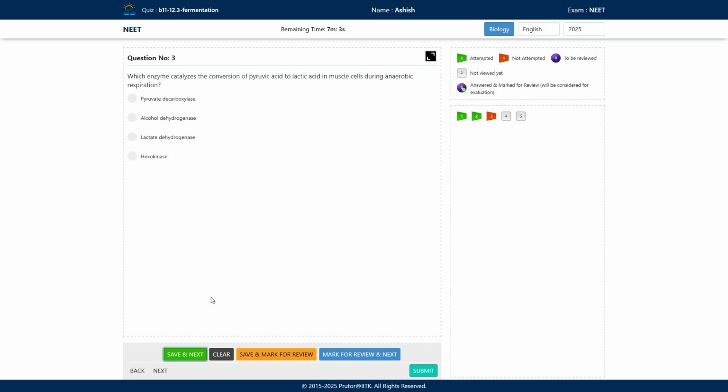So let's look at the answer. So the answer is lactate dehydrogenase. It is the enzyme that catalyzes conversion of pyruvic acid to lactic acid during lactic acid fermentation in muscle cells. That is during anaerobic respiration.